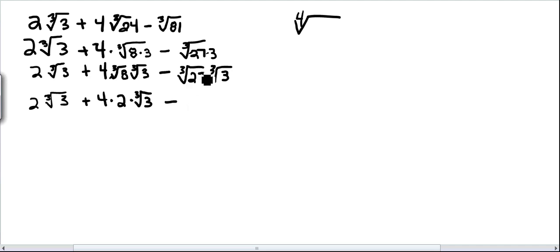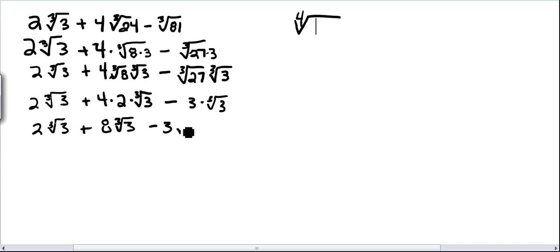And then we've got this cubed root of 27, which reduces down to 3, times, again, our cubed root of 3. Okay, so now we can simplify things down a little further. Again, this one is as simplified as it will go, so that's going to stay the same. But now we've got this 4 times 2 out in front, so that's going to become 8 cubed root of 3, and 3 cubed root of 3.